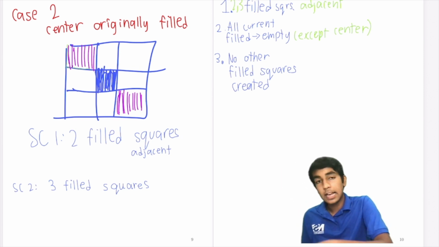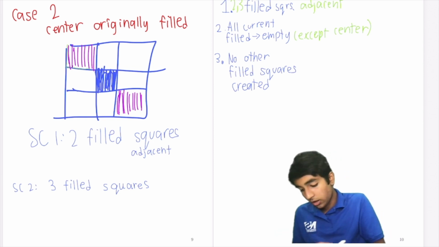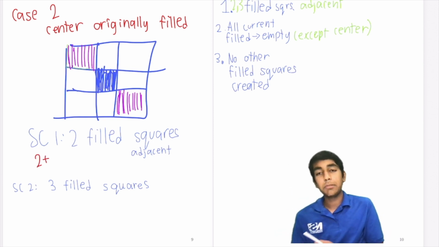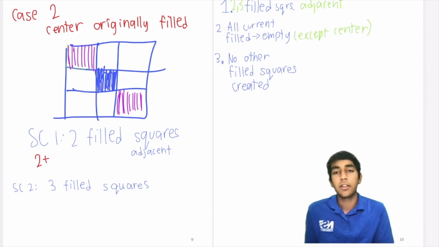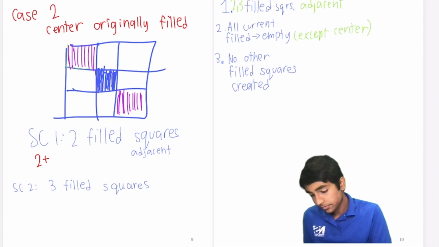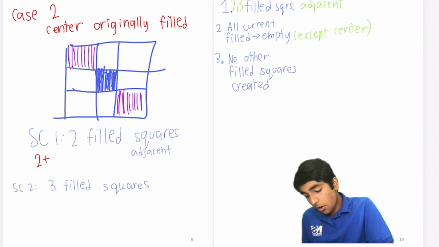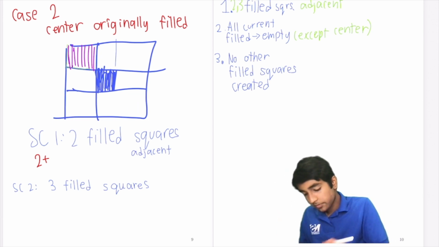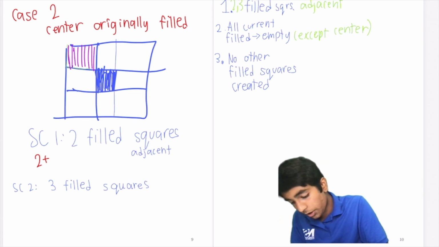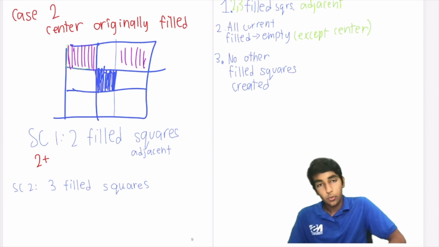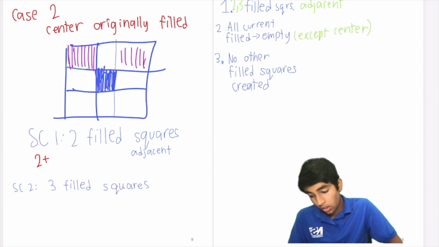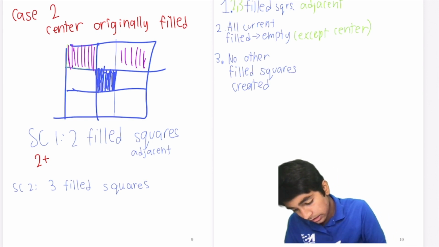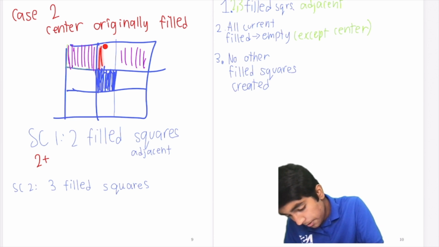And of course, because it's a diagonal, we have 2 of these. So 2 plus. And I'm just writing plus because we might have more cases, right? Now, what about if the other corner was here? Will that work? Well, the key thing to notice here is that this empty square is adjacent to 3 filled squares.